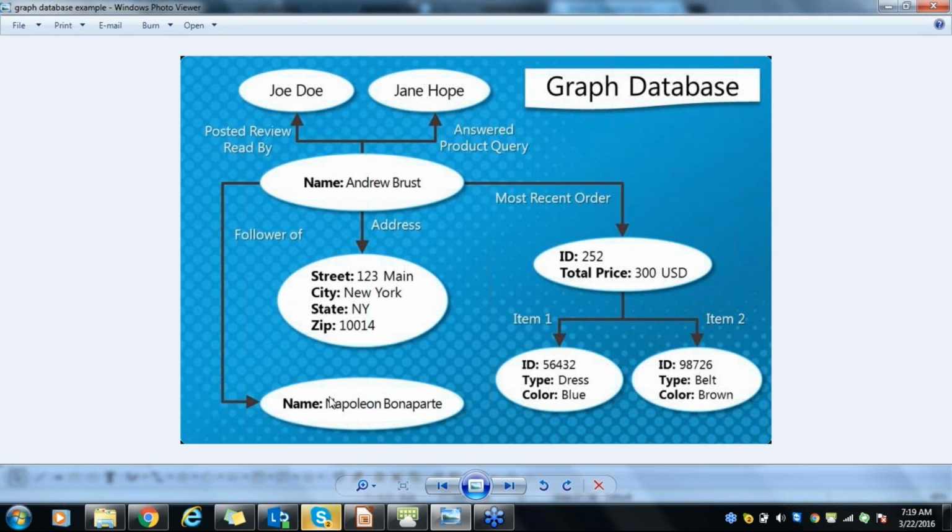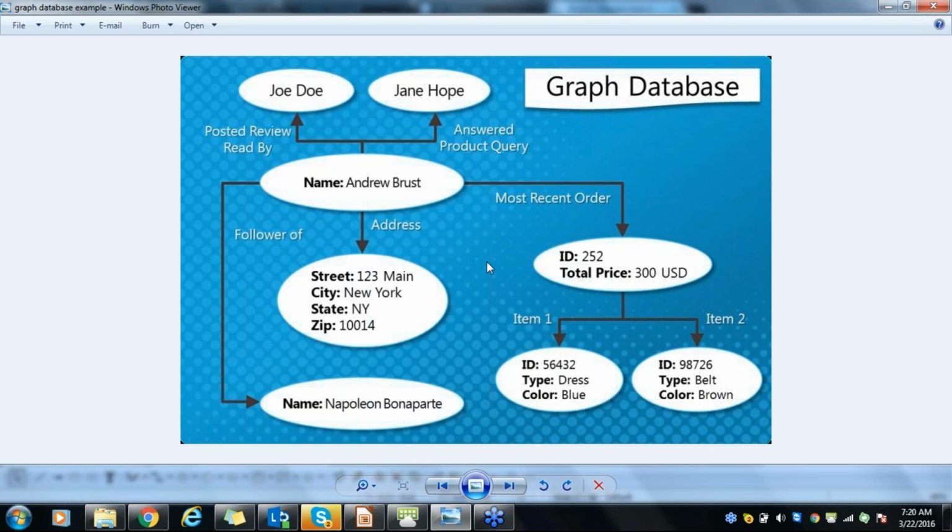Someone is following him on Facebook, he bought something on Flipkart, and his address is stored somewhere, along with some social security number. So these three are different entities. They are three different things, but in reality they have no direct relationship. They are attributes of this person.